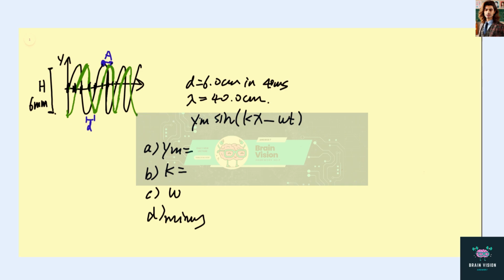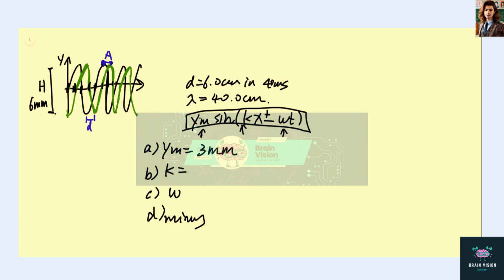Okay, so let's first look at this wave. It has a peak-to-peak height of 6 millimeter, and we're supposed to find, when it's put in this form, plus or minus, what the parameters in this equation of the wave are. So because peak-to-peak is 6 millimeter, the amplitude is half of that, 3 millimeter.